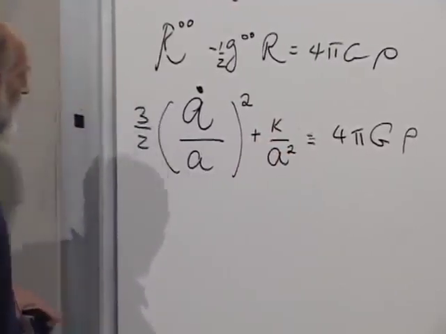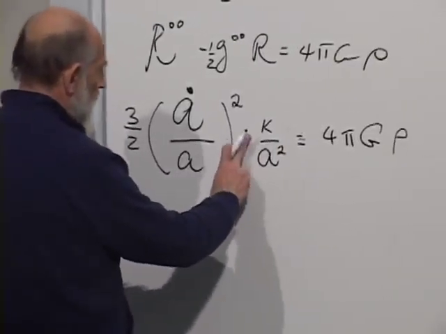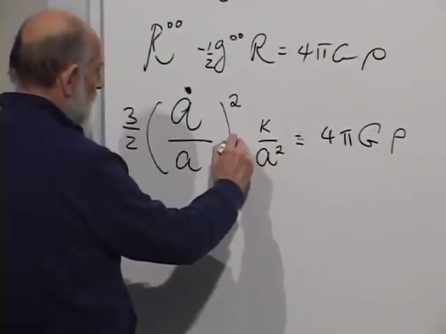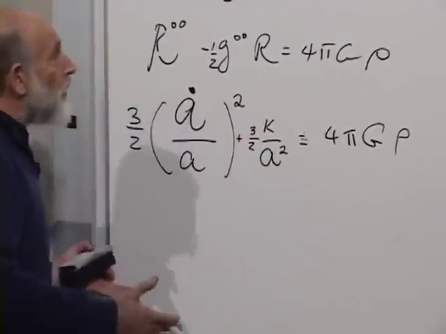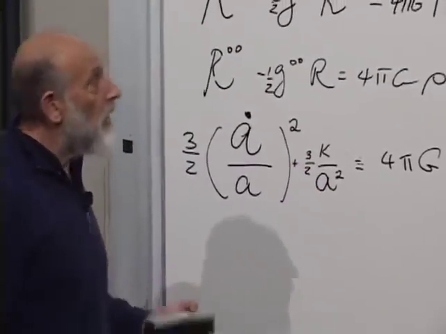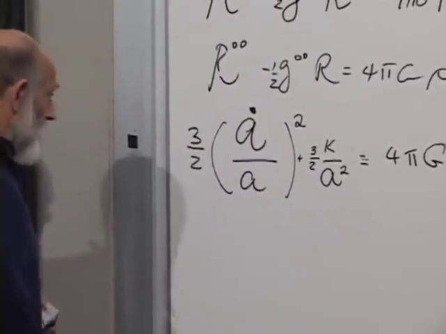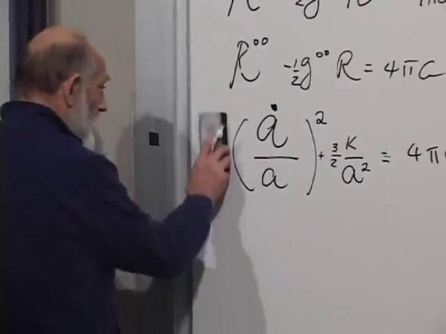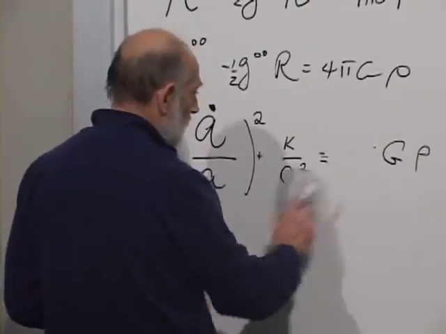Now, this is probably not true. This is probably 3/2 of this, where k is either plus or minus 1, or 0. So the meaning of this equation then, let's get rid of the 3/2 by multiplying. It becomes 8 pi over 3.